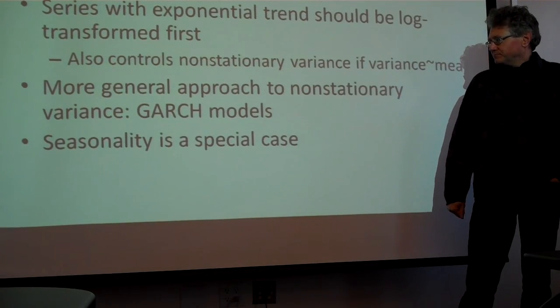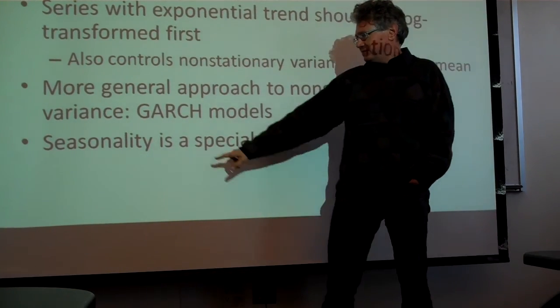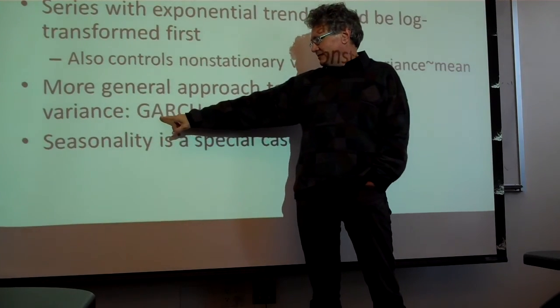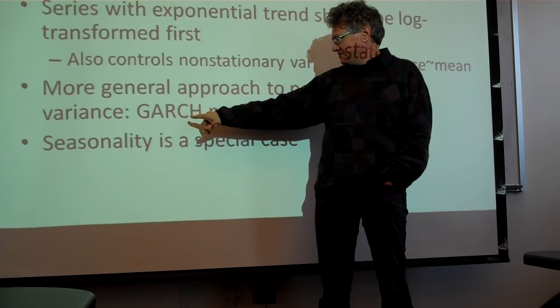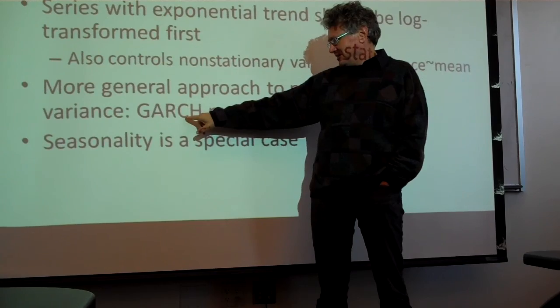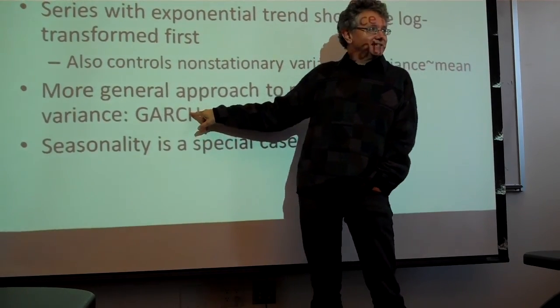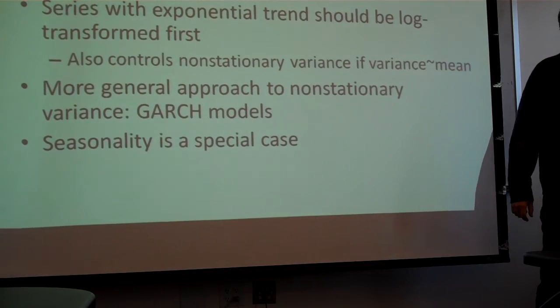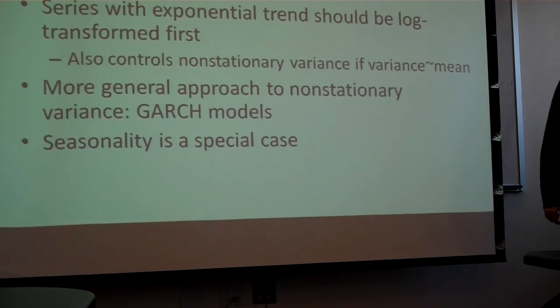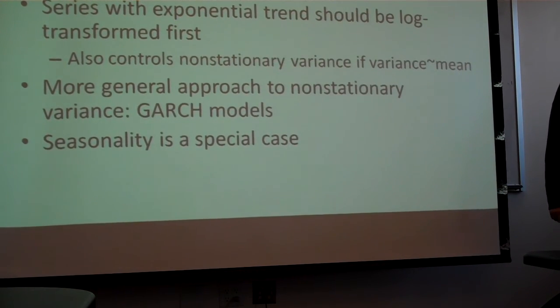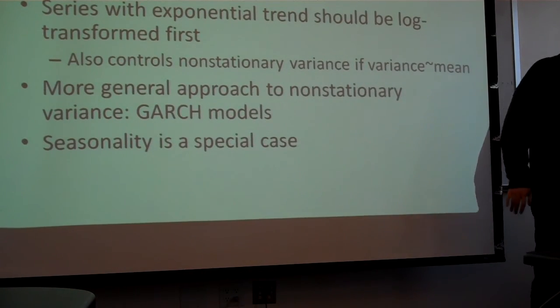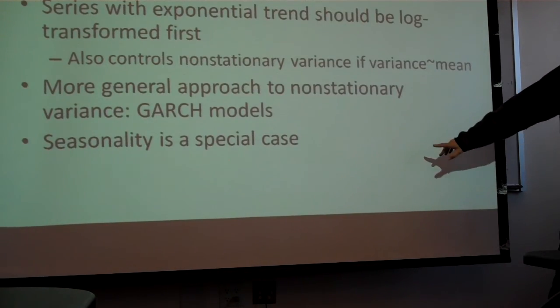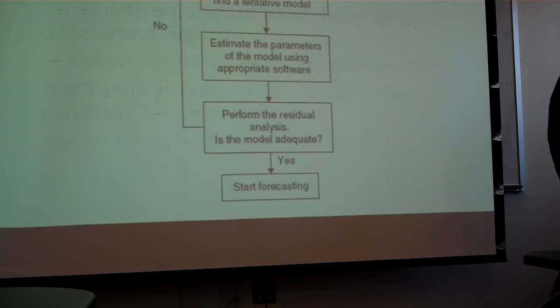I think the G is for generalized and autoregressive. It's something like conditional heteroscedasticity. Do you work with those kinds of models? That's right. Yeah. And then seasonality is a special case, which we'll talk about in a moment.